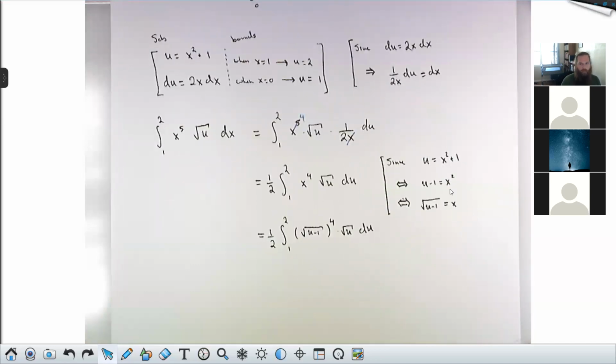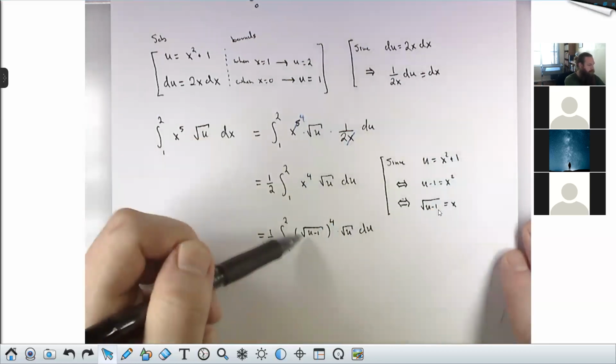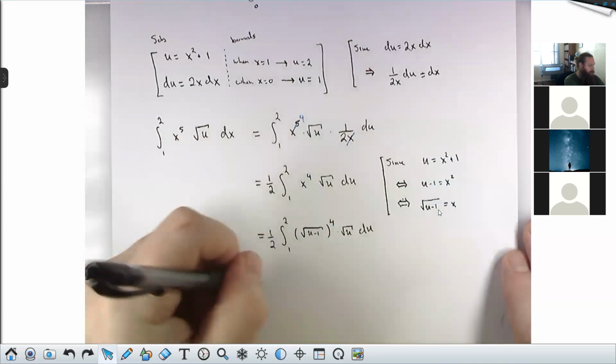You see what happened there? I just solved my substitution for x, and then here where I had x to the 4, I plugged that in. I now have this to the 4 because x is equal to the square root of u minus 1. When you raise the square root of u minus 1 to the 4th power, what do you get?